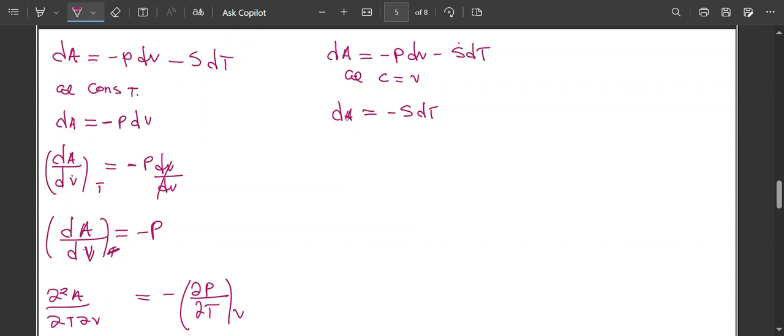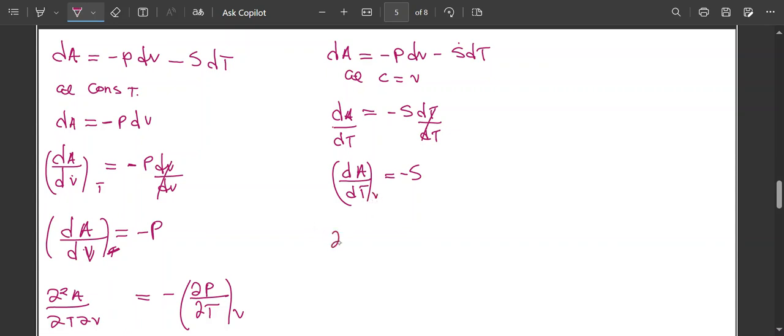Okay, so differentiating, we want just to cancel this dT. So I'll differentiate throughout by what? By dT, all right. So this will go. So we'll have dA over dT is equal to negative S. Okay, so again, I'll differentiate this one. Now this was done at constant volume, remember. So I'll differentiate it now at constant temperature. So I'm differentiating volume now.